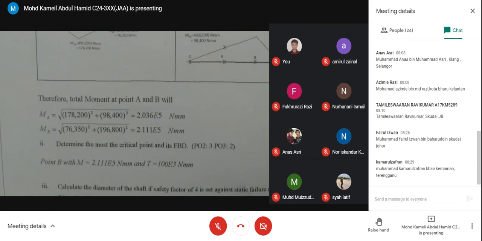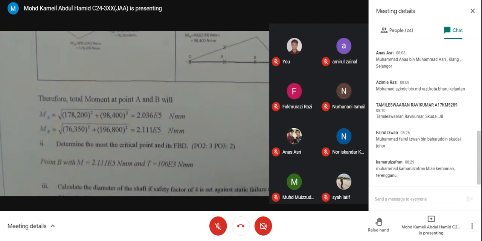So there are two, MA and MB. You have MA 2.03 times 10 to the power of 5, and MB is 2.111 E5.